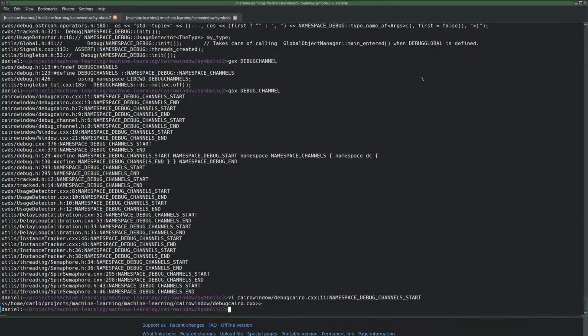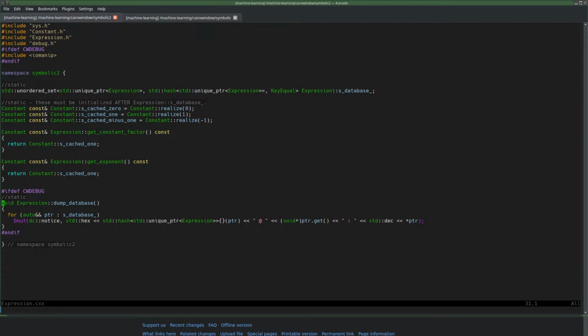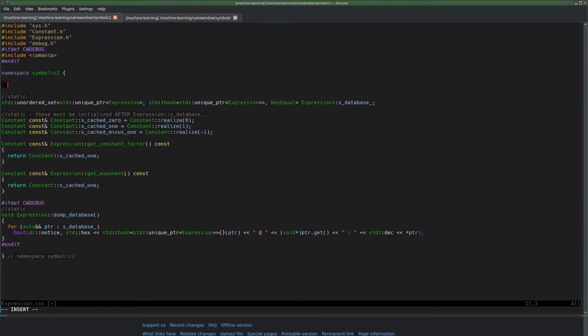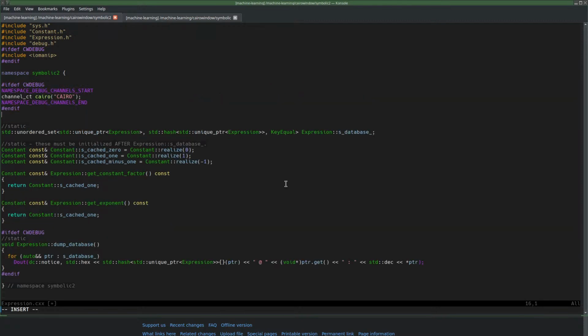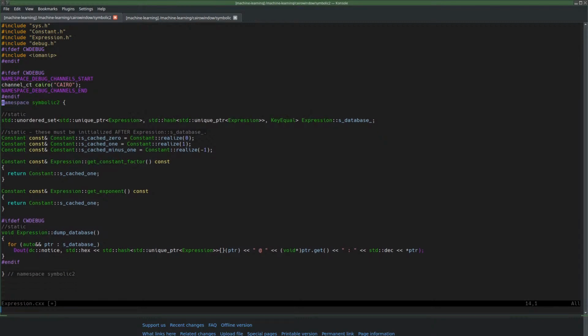Now to put that in a CXX, I'll just put it in symbols, right? Expression, I mean. Can I put it anywhere, or do I have to put it? Yeah, it's a namespace, so I really have to put it outside the namespace.